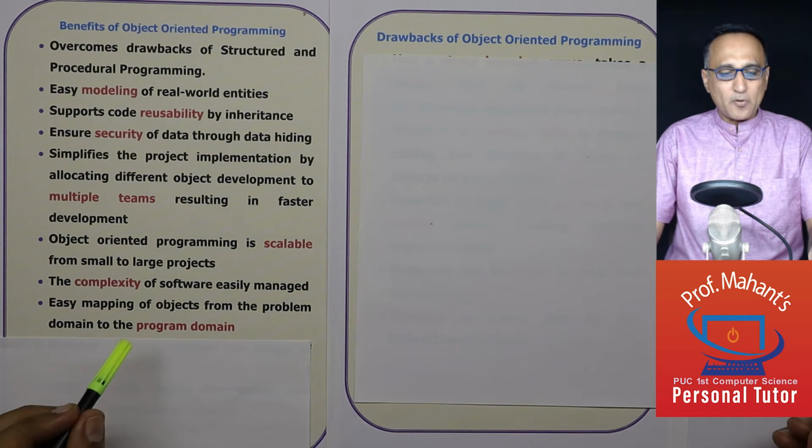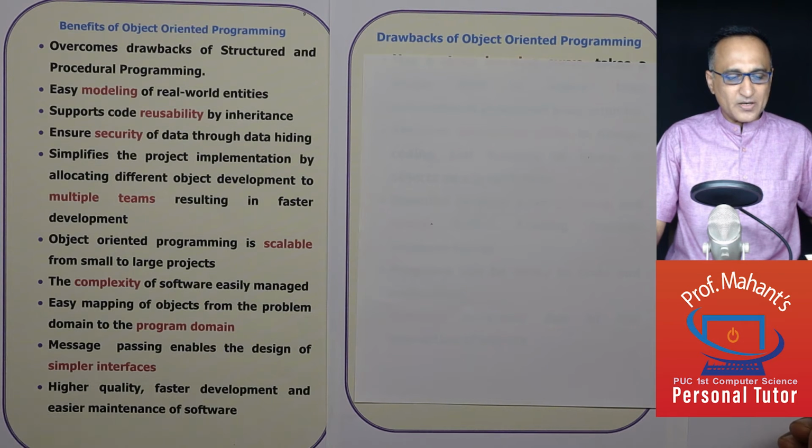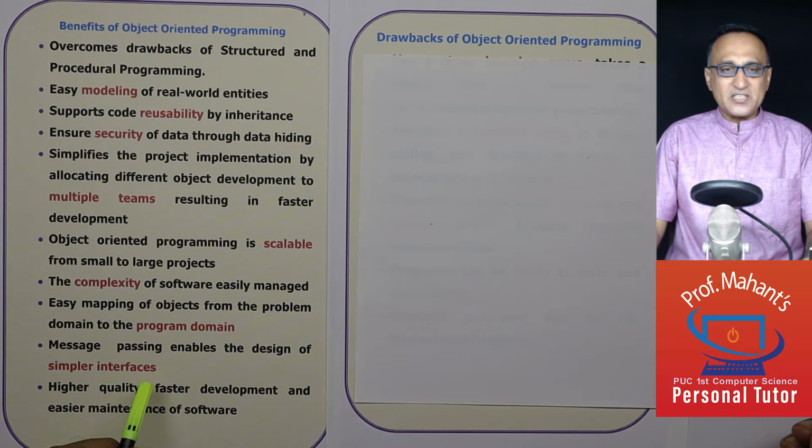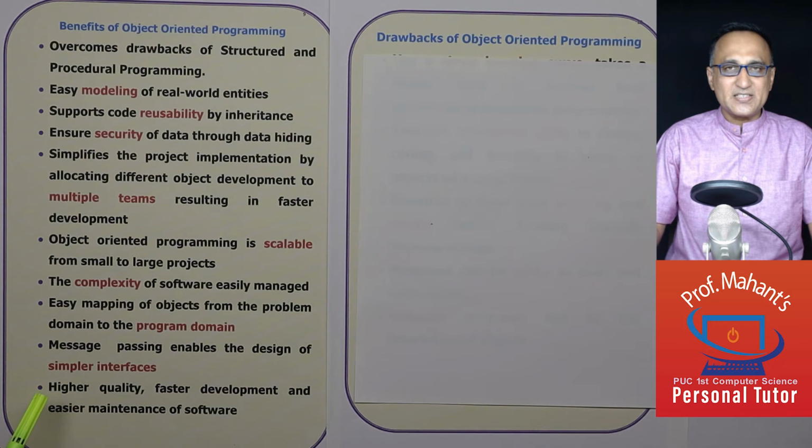It is easy to map objects from the problem domain to the implementation domain. By using the concept of passing messages, we are able to design very simple interfaces. Interfaces means of interacting with that particular software.